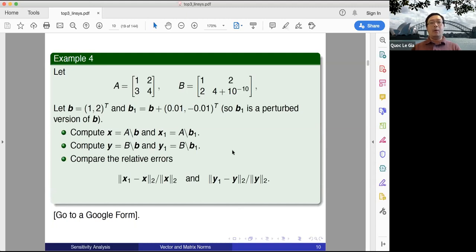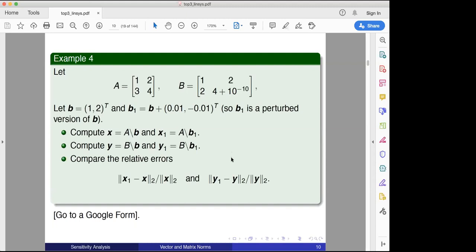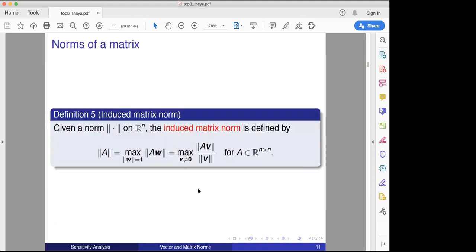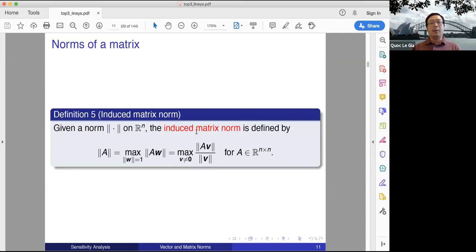So now I want you to move to a new concept, okay? Maybe this is a bit new. The new concept is the norm of a matrix. Okay, so look at the formula.